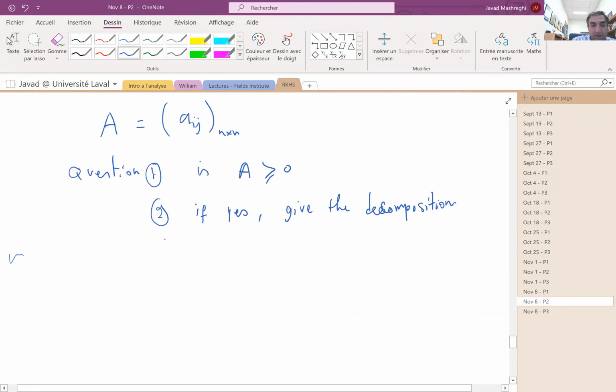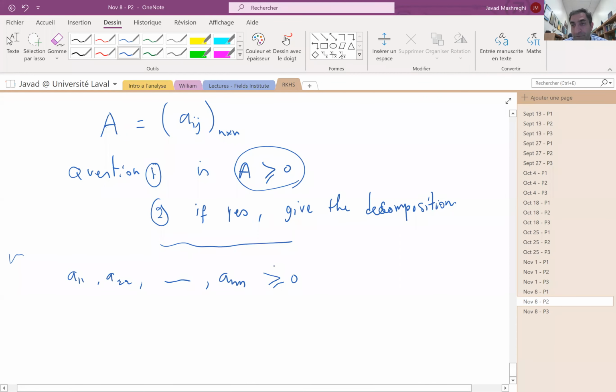And here is the way the algorithm works. You start with any element on the diagonal. I mean, either A11 or A22 or ANN, any one you wish. If A is bigger than or equal to 0, all of these have to be positive. So if by any chance you have a matrix such that on the diagonal you have something which is a complex number, not real, or real but negative, then for sure that matrix is not positive.